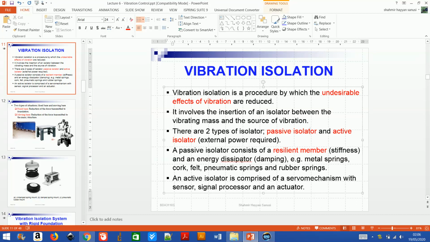So a passive isolator consists of resilient members, which is stiffness, spring, and an energy dissipator, which is damper, such as metal spring, cork, felt, pneumatic spring, and also rubber spring. On the other hand, an active isolator comprises a servo mechanism with sensors, a processor and an actuator.